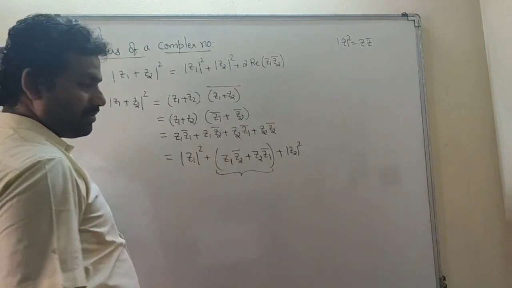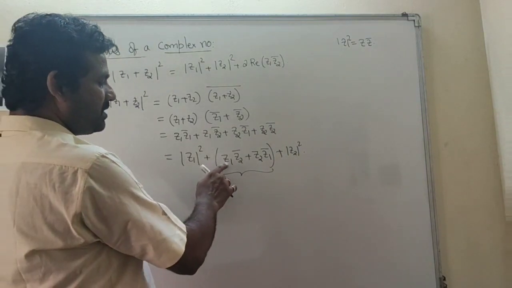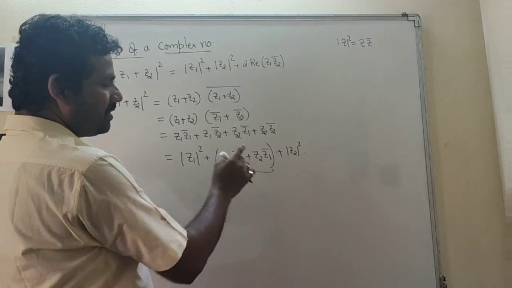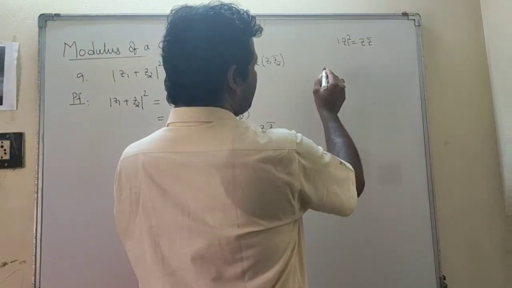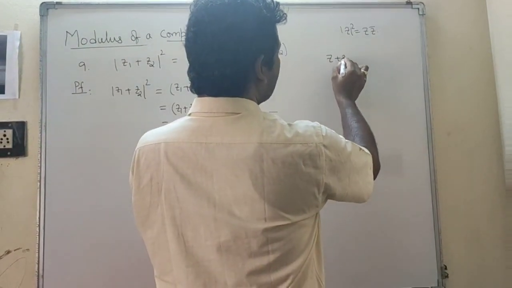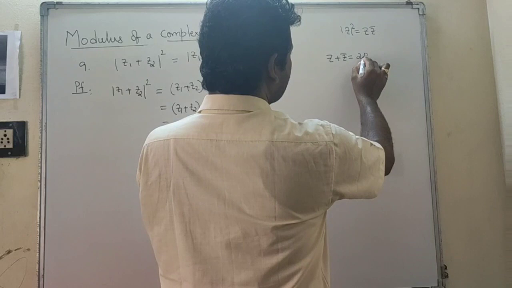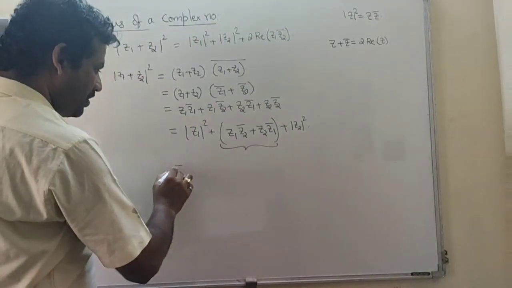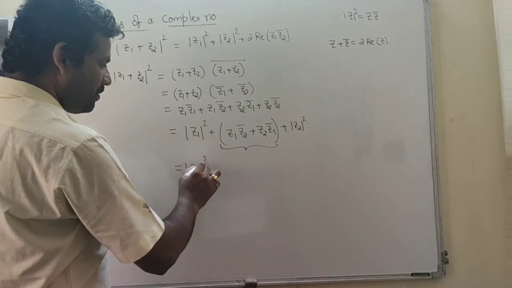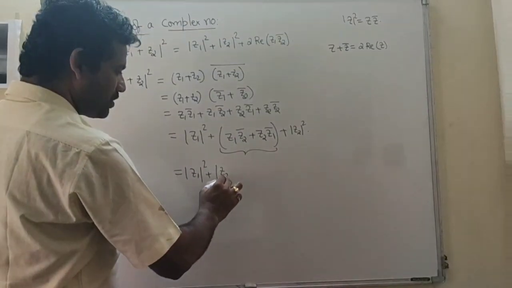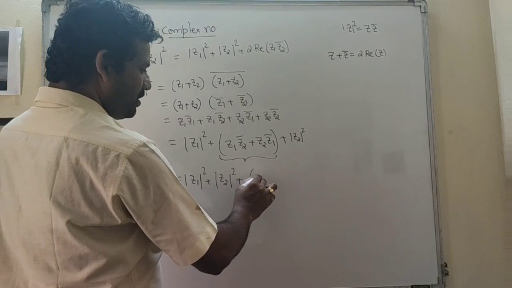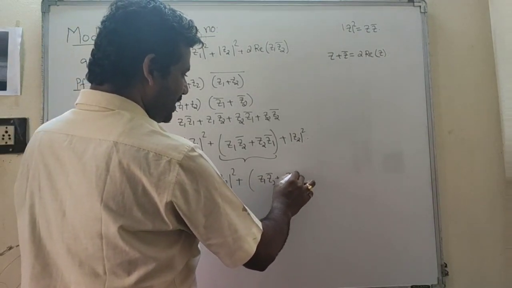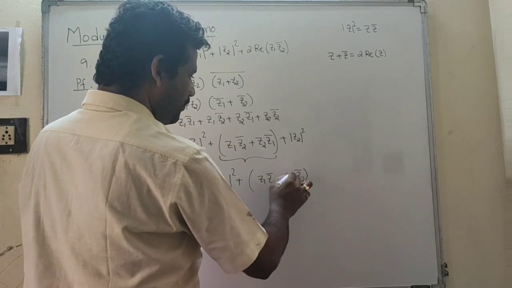Now how do you write this one? See this one, this is z1 z2 bar. Take the conjugate of this one, that is nothing but z2 z1 bar. In the properties, z plus z bar is equal to twice real part of z. So mod z1 square plus mod z2 square plus z1 z2 bar plus the bar of z1 z2 bar.